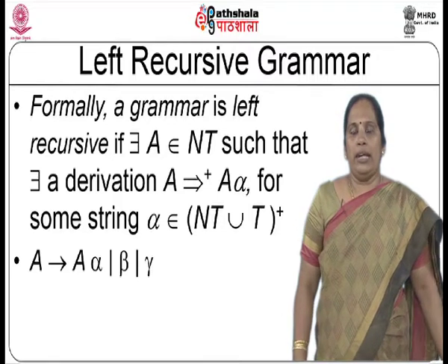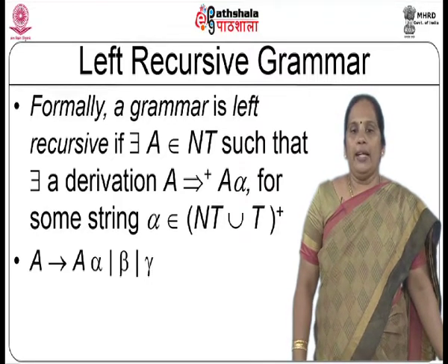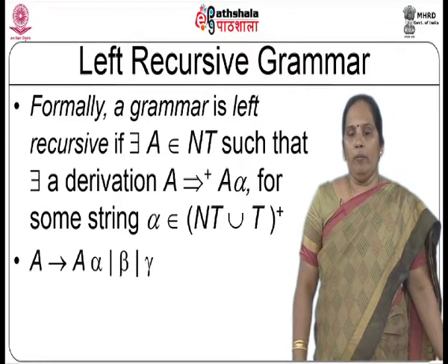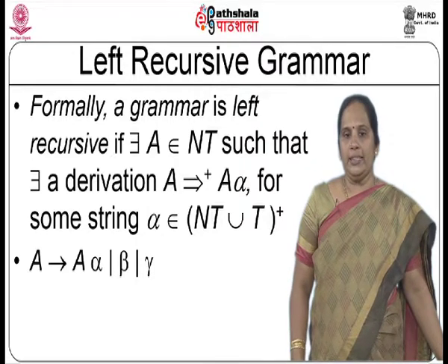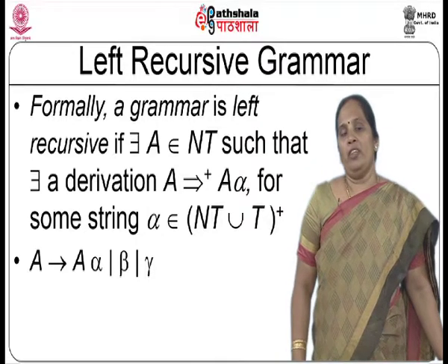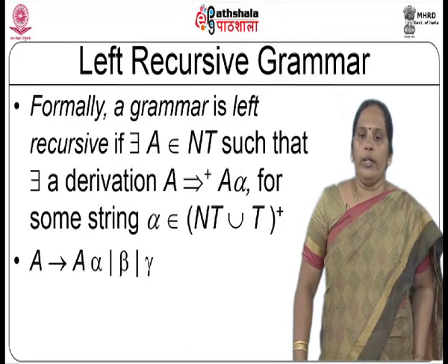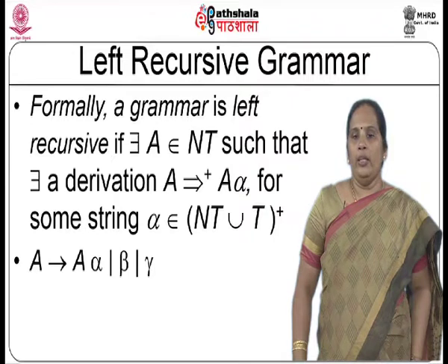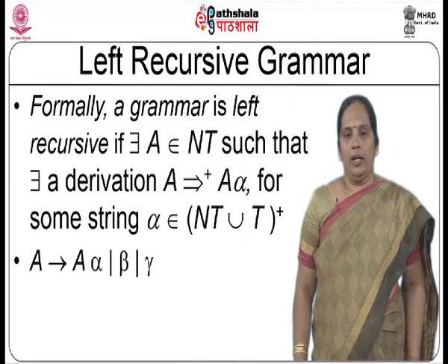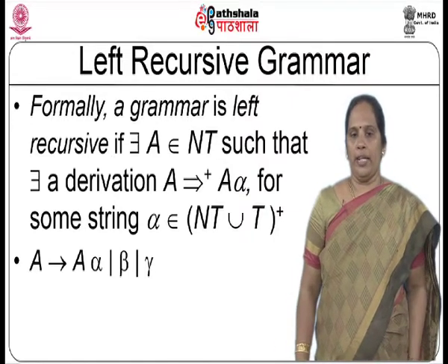Formally, a grammar is left recursive if there exists a non-terminal A belonging to the non-terminal set such that there exists a derivation of the form A derives A alpha for some string alpha belonging to non-terminal union terminal plus. Now, this is the formal definition as per the textbook.